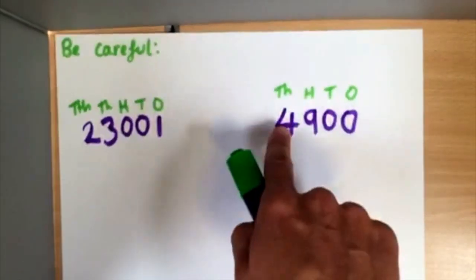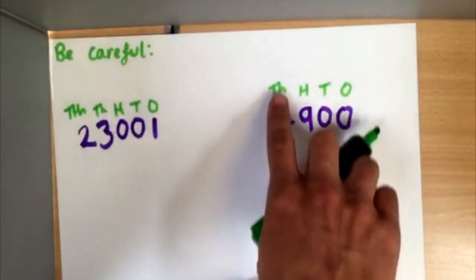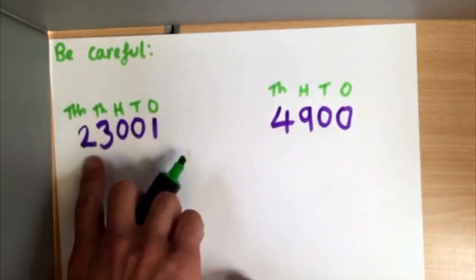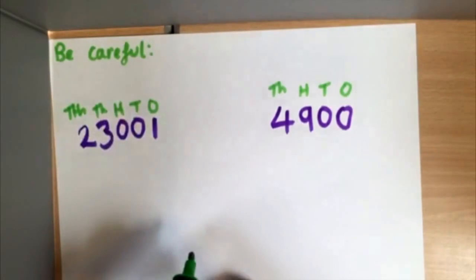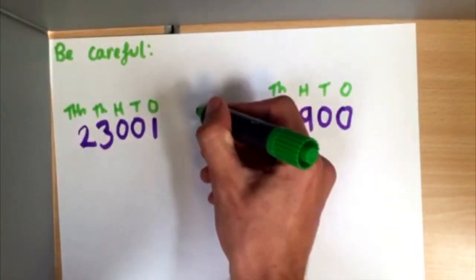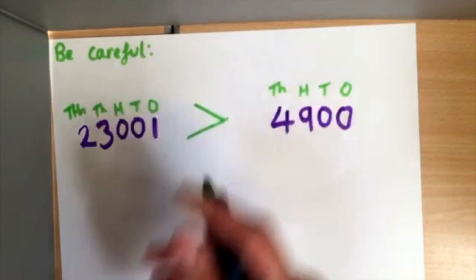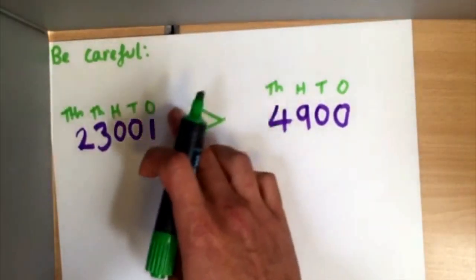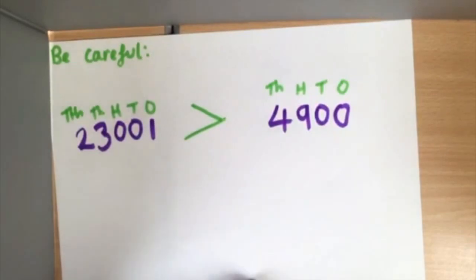So even though this digit is bigger, because it's in the thousands column, it's not got a bigger value than this 2, because this 2 is in the 10,000s. So here, I'd use my more than symbol. So remember guys, use your place value and try and remember these 3 symbols that we've been practicing.